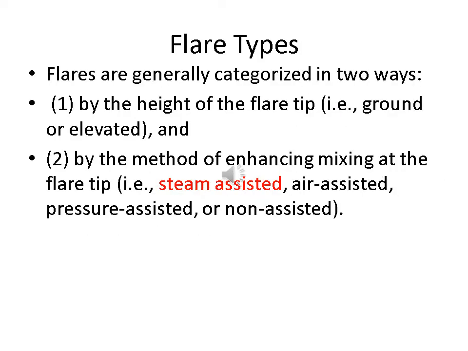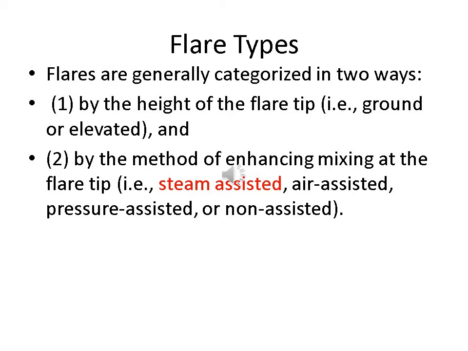Flares are generally categorized in two ways. The first is by the height of the flare tip. That means the flare tip or stack is situated either at ground level or at an elevated level. Compared to the ground level, the elevated flare is better, because we can reduce accidents and control dangerous conditions.